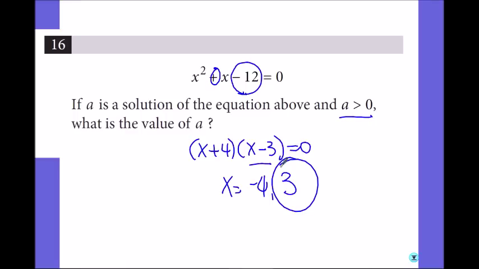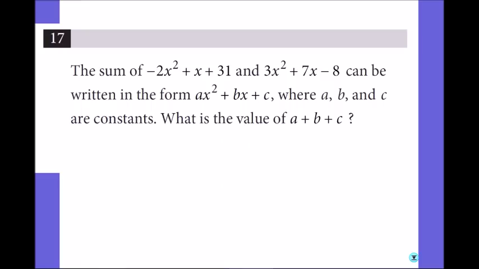17. The sum of negative 2x squared plus x plus 31 and 3x squared plus 7x minus 8, when you add it, can be written in the form above, where a, b, c are constants. What is the value of a plus b plus c? So let's add it.